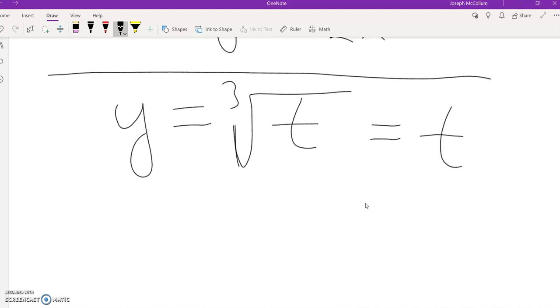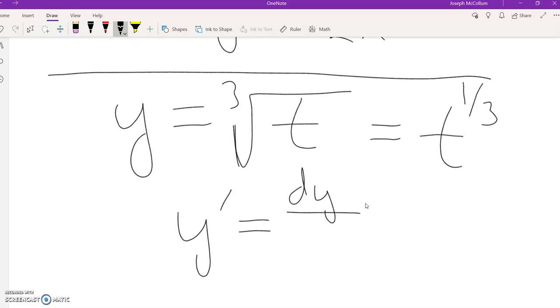And the cube root can be written as a 1/3 exponent. Now that we have an exponent, we can do the derivative, y prime. By the way, just a side note, that would be dy. And no, it's not dy dx, it would be dy dt, because it is the derivative of the y function with respect to the variable inside, in this case, the t variable.